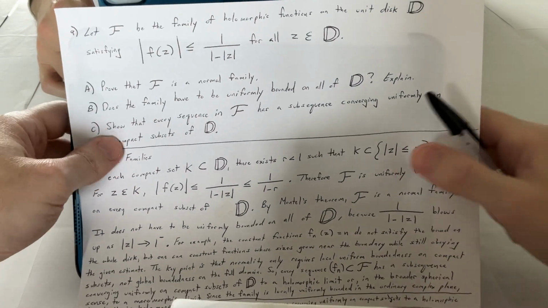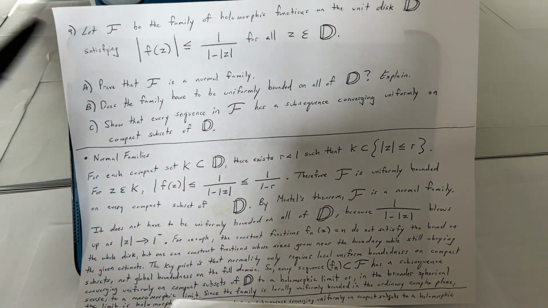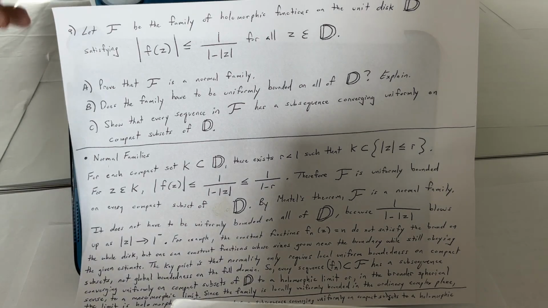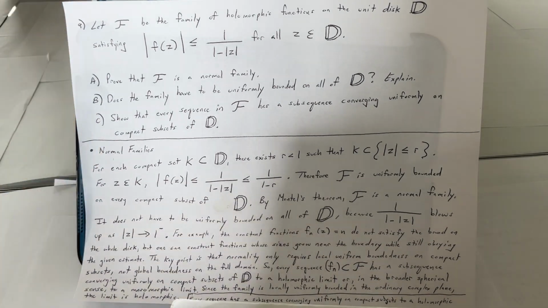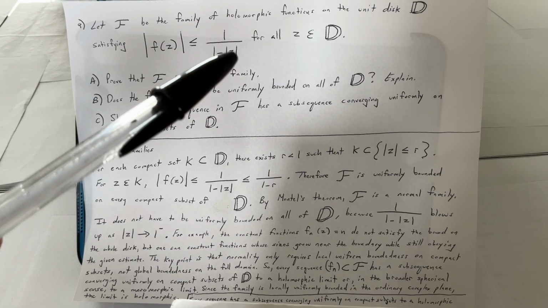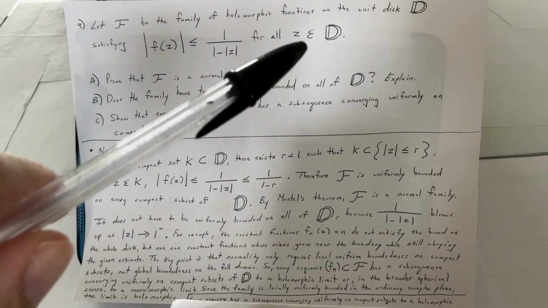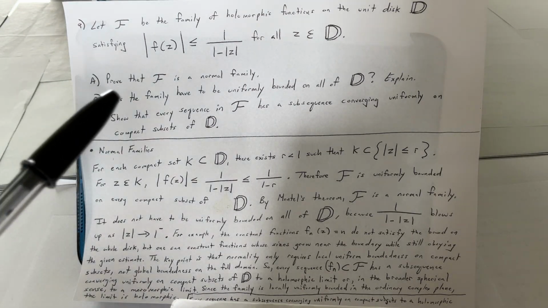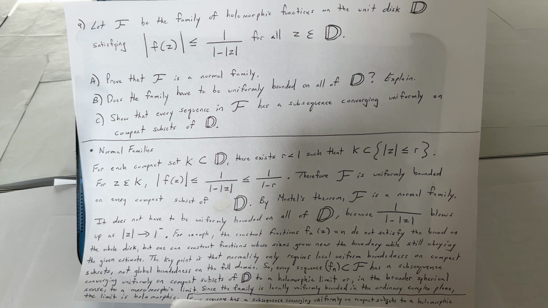Okay, unit disk here. Let F be the family for this problem of holomorphic functions on the unit disk D, satisfying the absolute value of f of z is less than or equal to 1 over 1 minus the absolute value of z for all z belonging to the unit disk D. Part A, prove that F is a normal family.